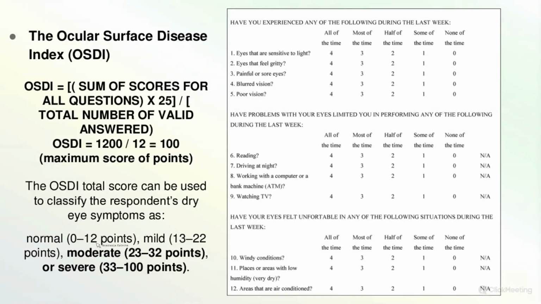If your patient got 12 points or fewer, it is a normal condition of the eye. If it's between 13 and 22, it is mild dry eye. Moderate is up to a maximum of 32, and severe is up to 100 points.